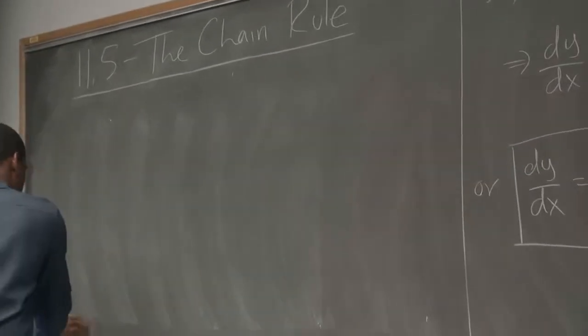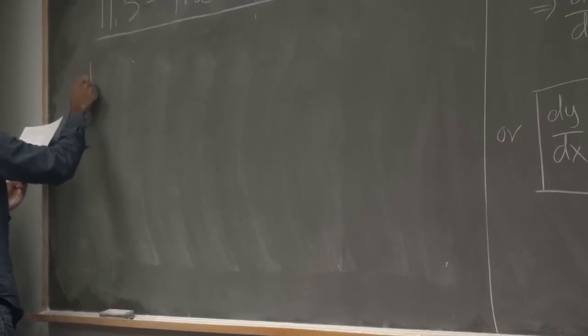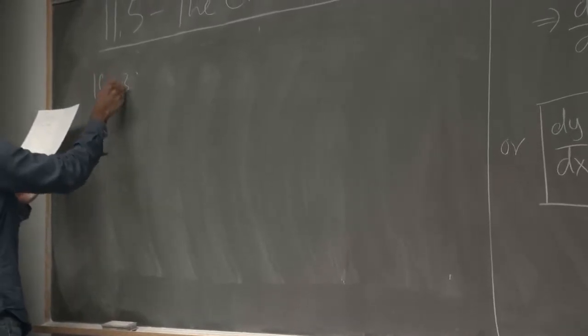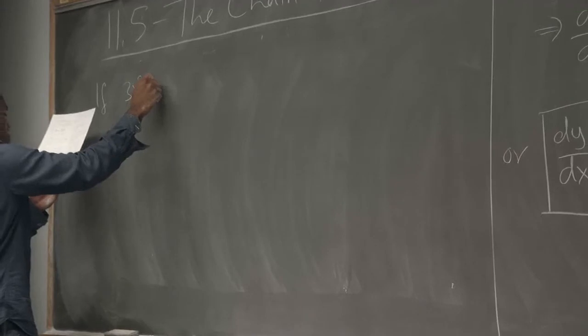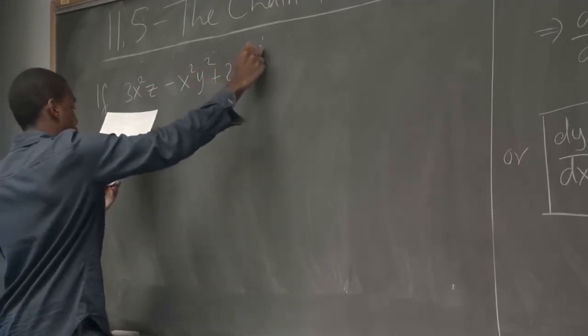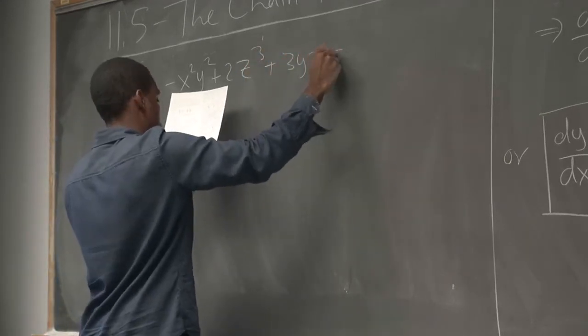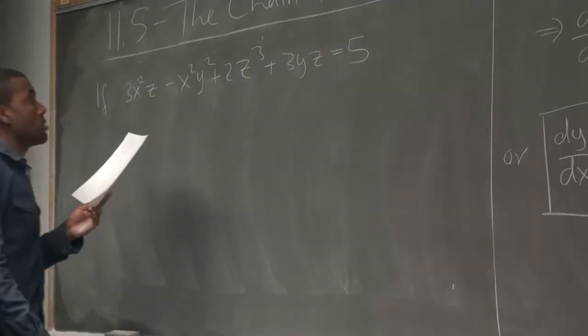Slightly harder one, more like your homework problems. 3x squared z minus x squared y squared plus 2z cubed plus 3yz equals 5.